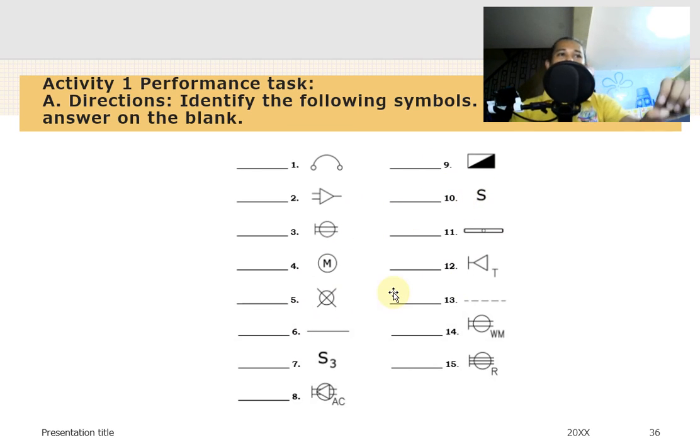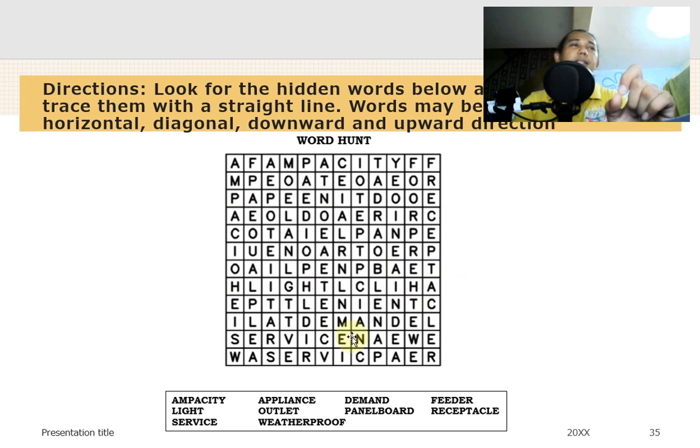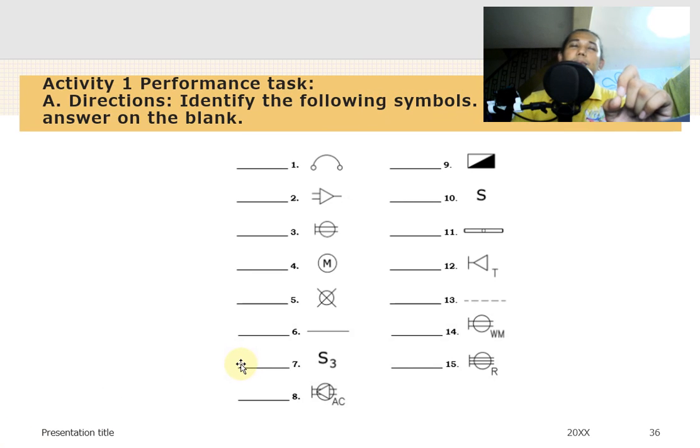I have also a multiple choice part. Hindi ko lang nailagay ito sa slide, pero we will see it in your Google Classroom activity. So this will serve as your performance task for this morning. And I have also a different activity that you're going to do at your asynchronous. Those are 2 assignments you will see in your Google Classroom. So go ahead now and check out your activity for this morning.